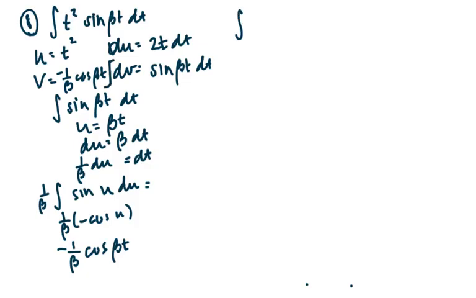All right, so we've got the integration of u dv equals uv minus the integration of v du.